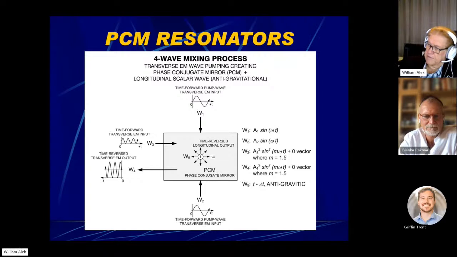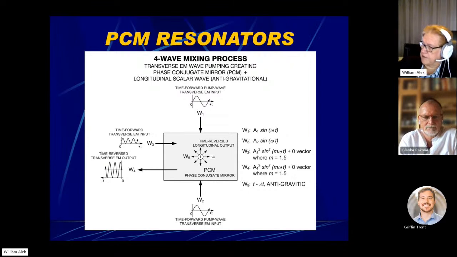The pump wave is producing wave 3, which is our input into this device. Then we see a magnified output, which is wave 4. Also, the device is producing this time-reversed longitudinal output as well. This is our second scalar component that I spoke about earlier, W5.